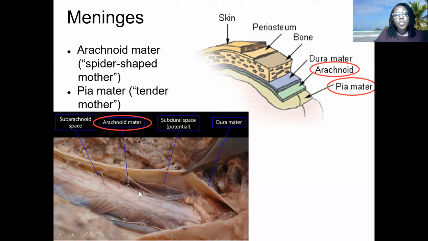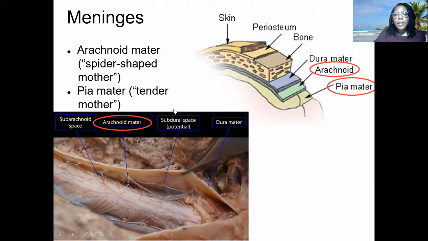This is where we find the cerebrospinal fluid. But in the arachnoid mater itself, we have some delicate blood vessels and so on that are running in between this layer. So not as thick a layer as the dura mater. It's much more of a network of a layer. It's got blood vessels in it, and beneath that layer, we have the subarachnoid space where we have cerebrospinal fluid.